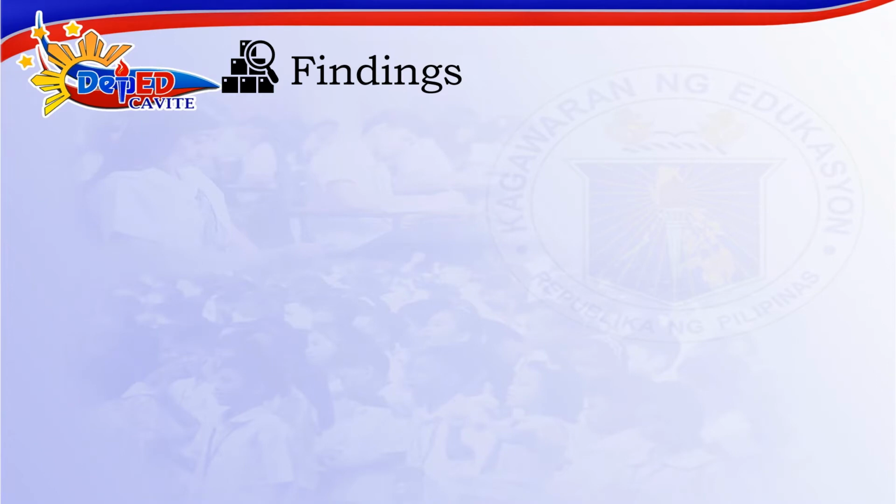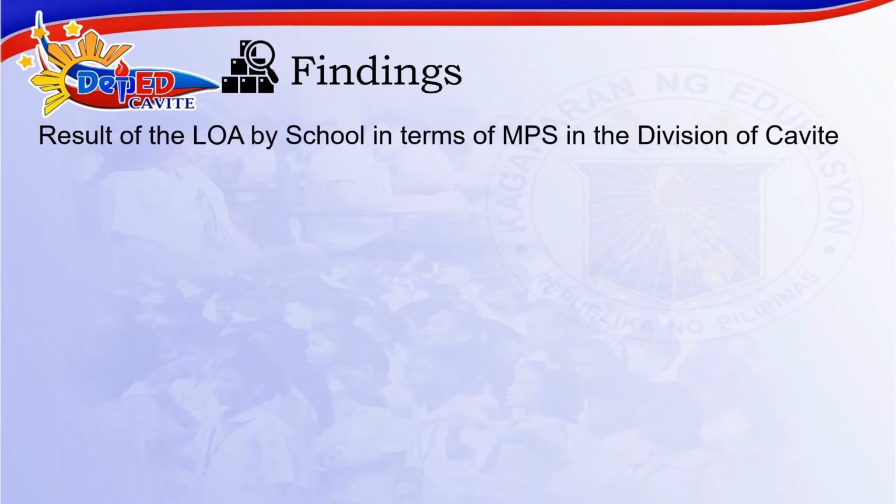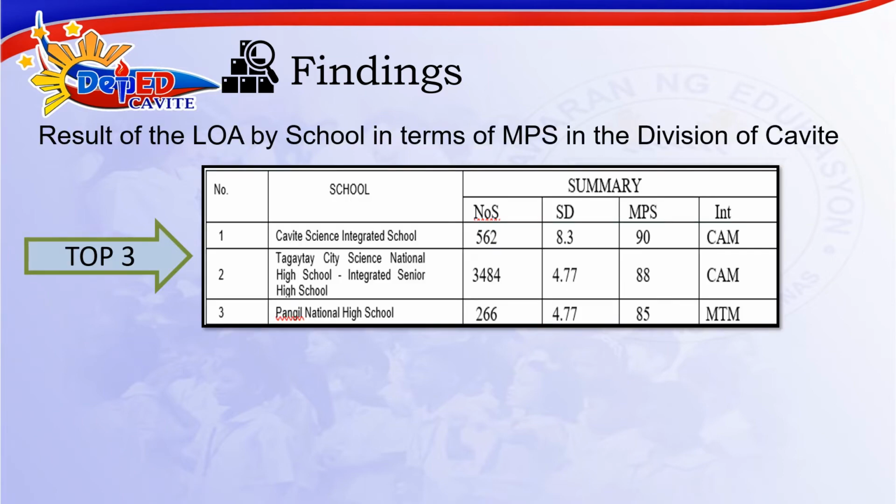As for the findings for the schools that belong to the top 3 and bottom 3 in terms of mean percentage score, we have here the top 3: Cavite Science Integrated School with 90 MPS and 8.3 SD, and Tagaytay City National High School Integrated Senior High School with 88 MPS and 4.77 SD, with the level of mastery closely approaching mastery, and Pangil National High School with 85 MPS and SD of 4.77, with level of mastery moving towards mastery.